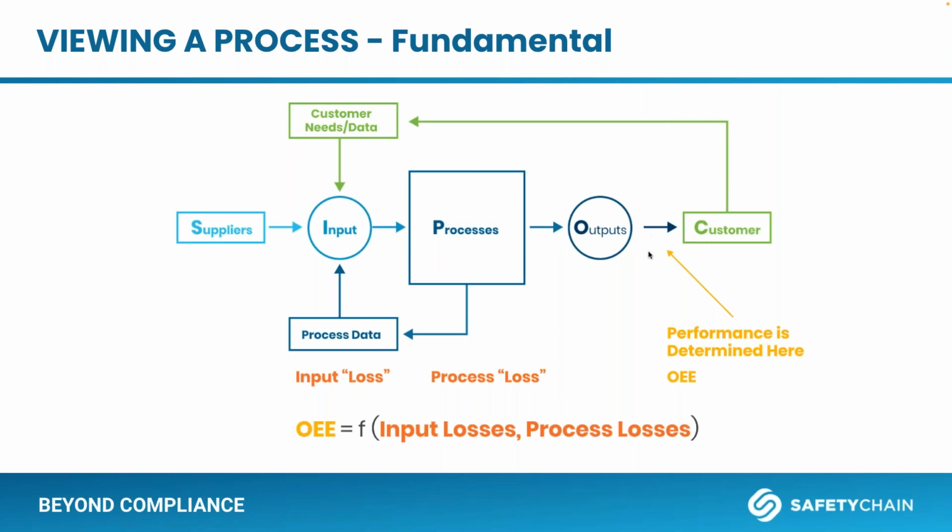So our output going to our customer could be our OEE as one of our key metrics for identifying how the process and inputs are operating. Within this, we have process losses and we potentially have input losses. So OEE at a high level is a function of potentially input losses and process losses.